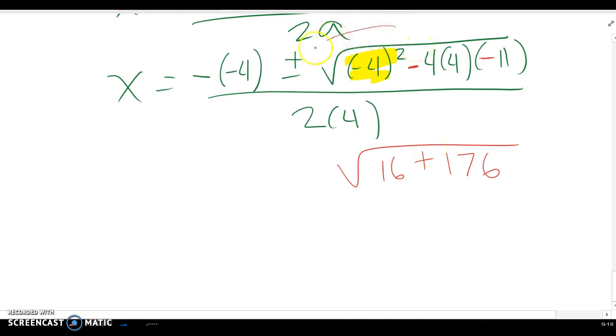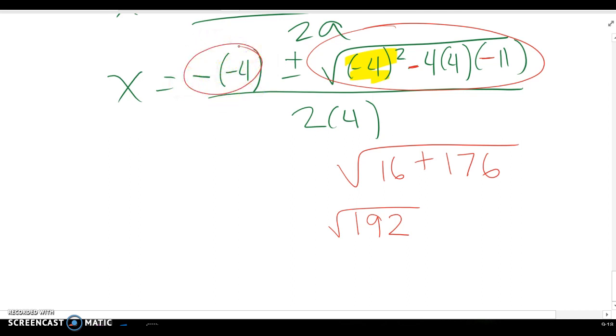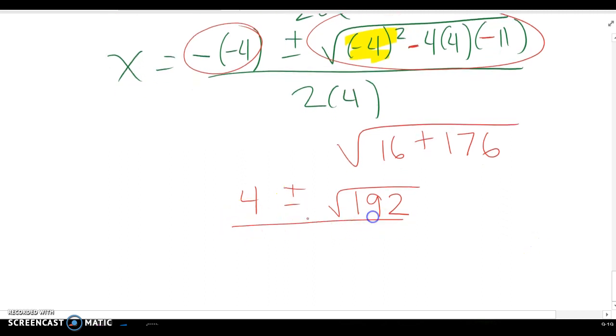So this simplifies to the square root of 192. Negative negative 4 simplifies to 4. So 4 plus or minus the square root of 192 divided by 2 times 4, which is 8. So far that's my simplest form.